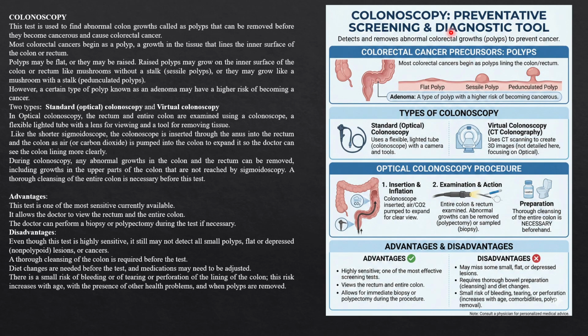Then we have the colonoscopy, which is a preventative screening and diagnostic tool. It detects and removes abnormal colorectal growths, or polyps, to prevent cancer. There are different types of colonoscopy, like the standard, which is optical colonoscopy, whereas virtual colonoscopy is done with the assistance of CT. In optical colonoscopy, the colon is inflated with air or carbon dioxide to expand it for a clear view.